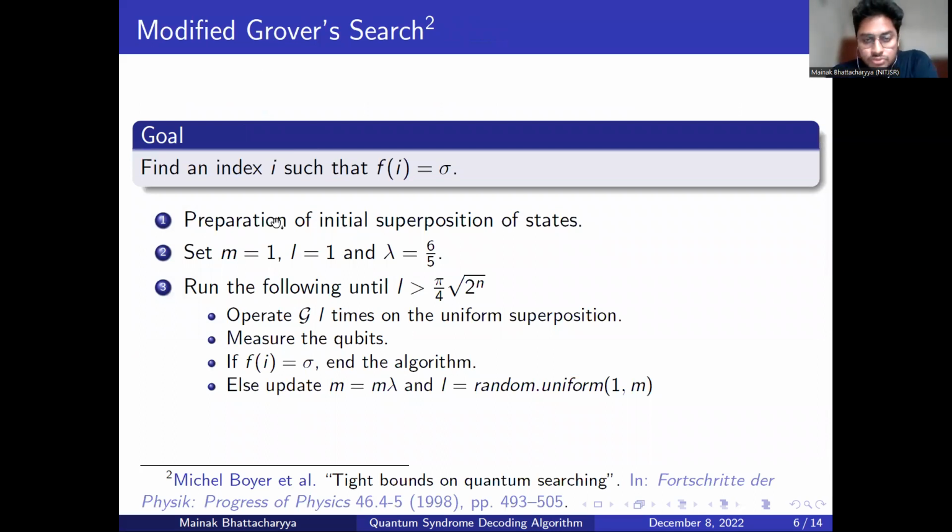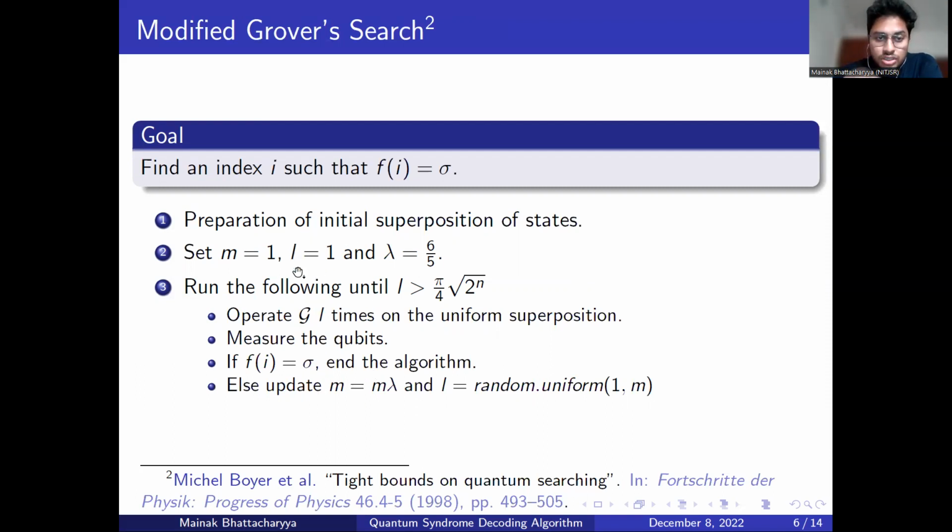Suppose we are searching for the index which satisfies the condition sigma. Now there can be multiple indexes that satisfy this condition, and we have to search for those solutions. For that, we need a proper number of iterations, and that proper number of iterations we have defined through a parameter L. And we have defined two other parameters to handle the modification of this parameter through the algorithm.